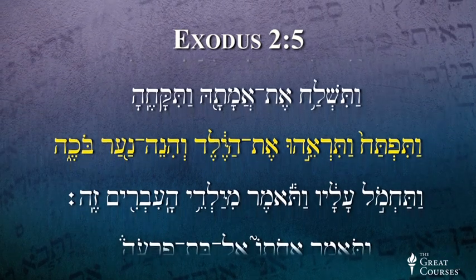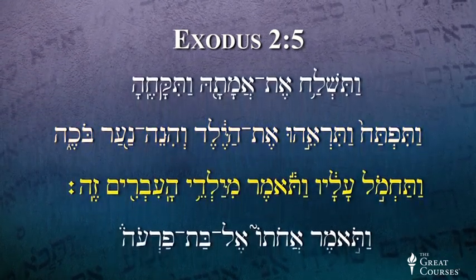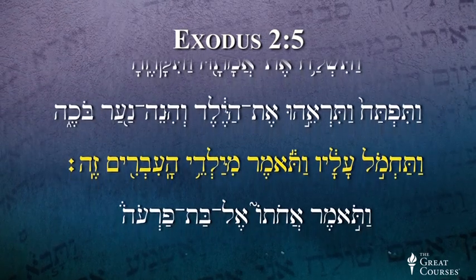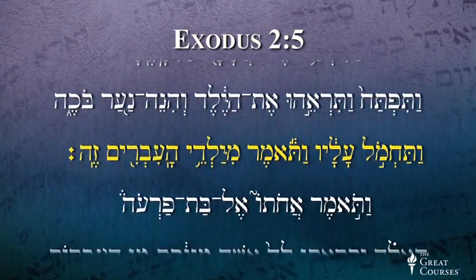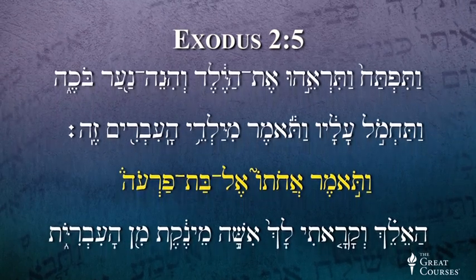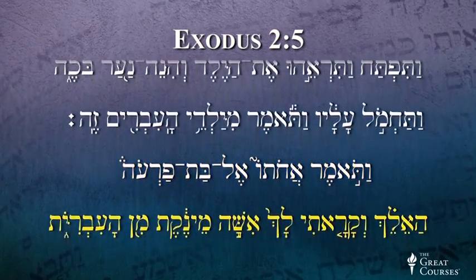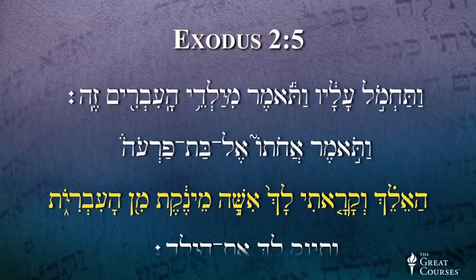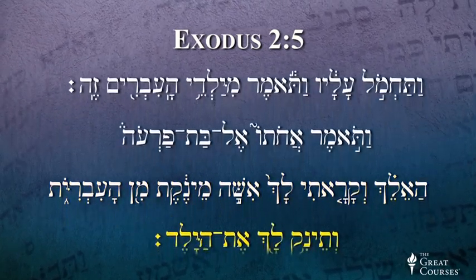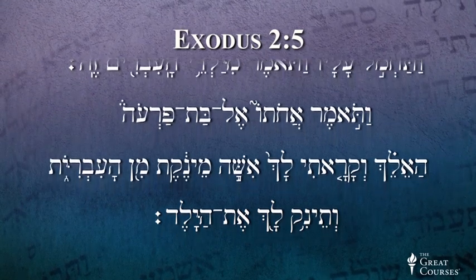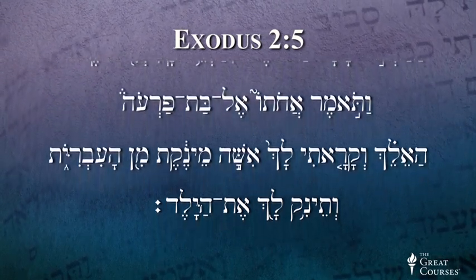V'hinei na'ar bocheh. Vatachmol alav. Vatomer mi yaldei ha'ivrim zeh. Vatomer achoto el bat paro. Ha'elech ve'karati lach isha meneket min ha'ivriot ve'tenik lach et hayaled? Go back and listen and read it some more, 5 times or even 10.